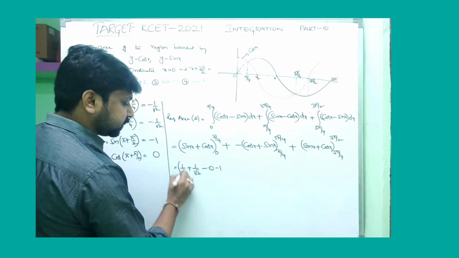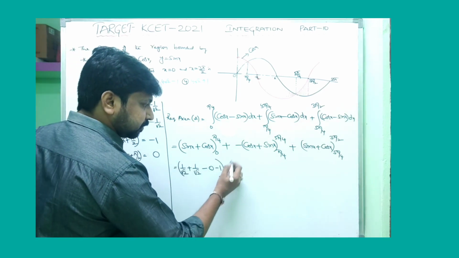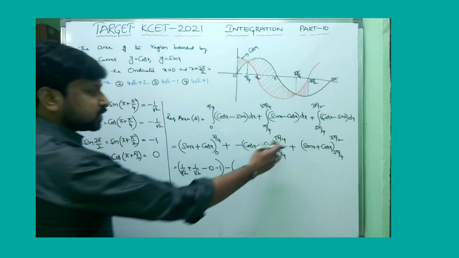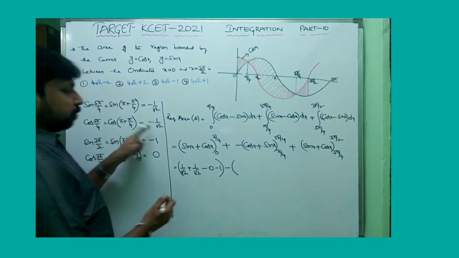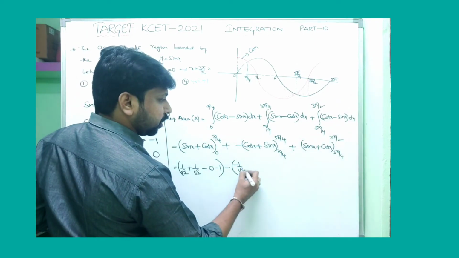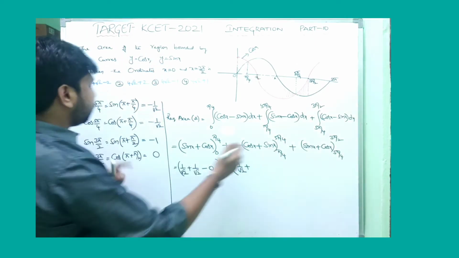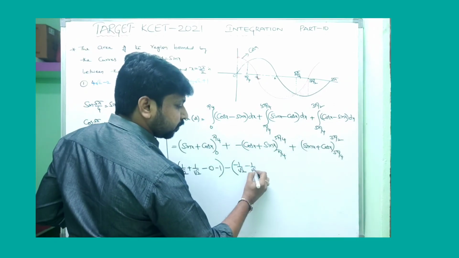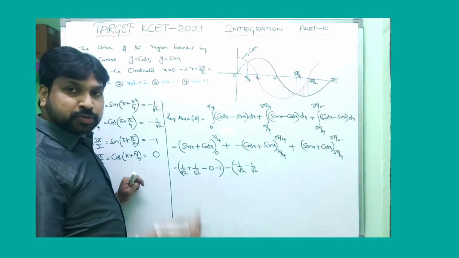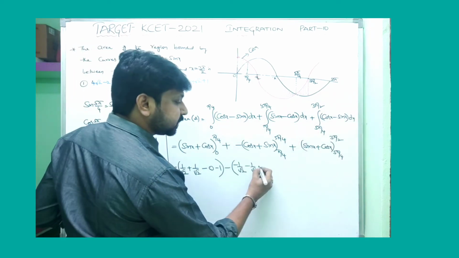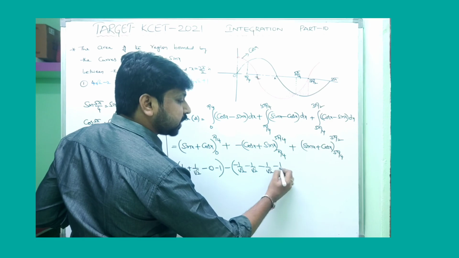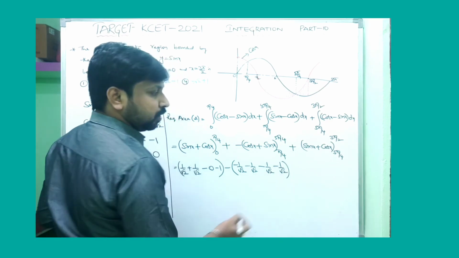Plus into minus is minus, bracket begin. Now cos 5 pi by 4 is minus 1 by root 2, plus sin 5 pi by 4, that is also minus 1 by root 2, then minus lower limit: minus cos 45, 1 by root 2, plus into minus is minus sin 45, 1 by root 2.